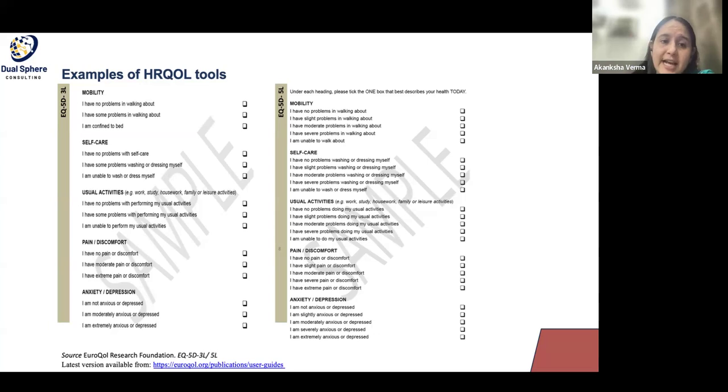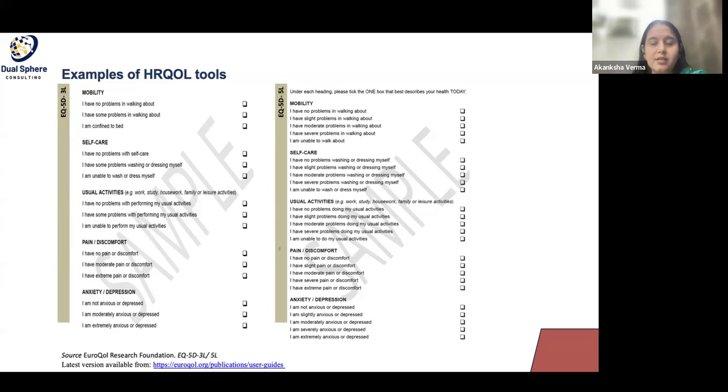So here you can see that you have different domains: mobility, self-care, usual activity, pain. These are questionnaires which are administered to the patient, and they will tell how much mobility he has. Based on these options, he will take one. Similarly, how he perceives his own self-care, his usual activities, his pain or discomfort, how anxious or depressed he feels.